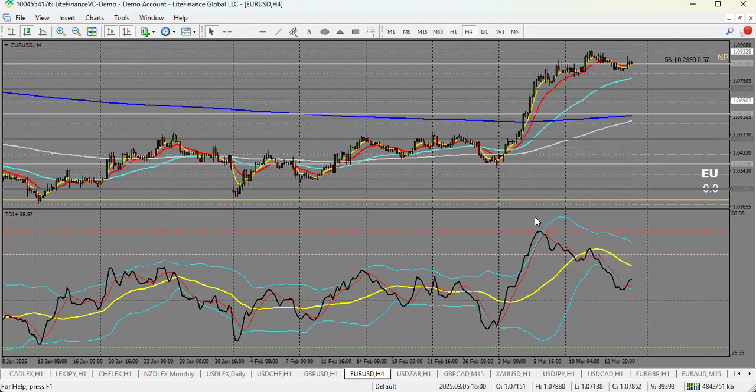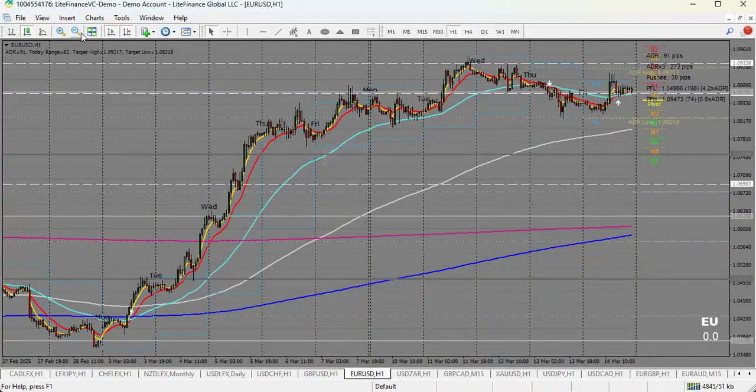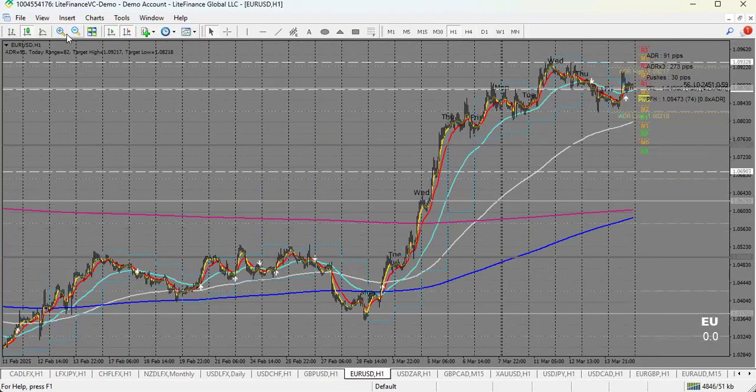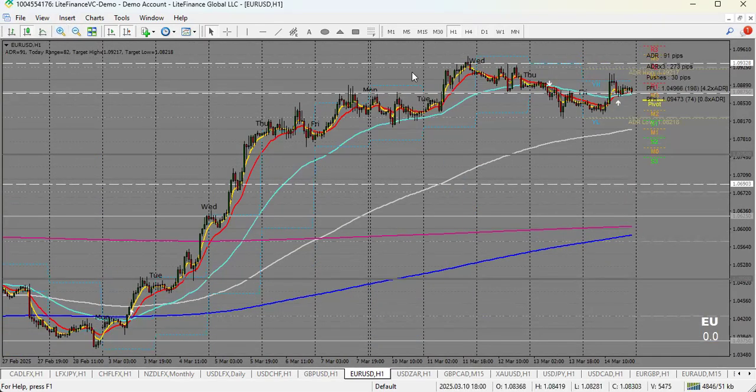So if we have a shark fin around the level middle, we should be expecting a peak reset, but a shark fin around the level high, level extreme high, or level low, and level extreme low, surely it would mean for price to reverse direction. So basically a peak reversal.